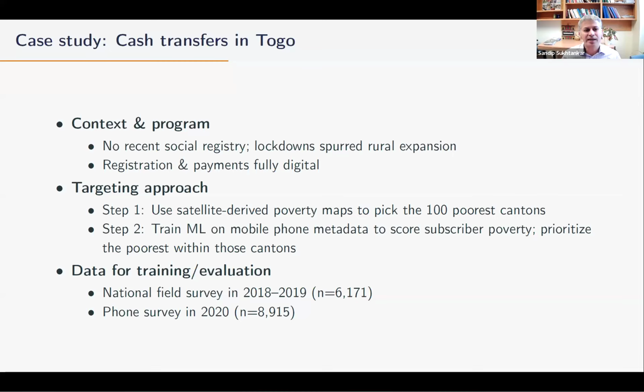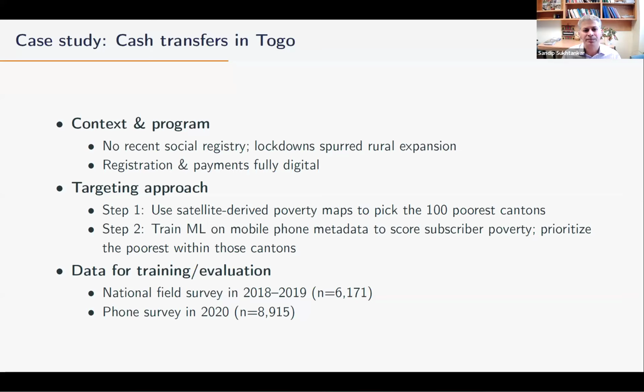So the context in Togo was that there hadn't been a broad recent social registry. There was no huge database that the government could look at and say, okay, these are the people that we should target now that COVID has hit and people don't have money. Okay, so there wasn't that.